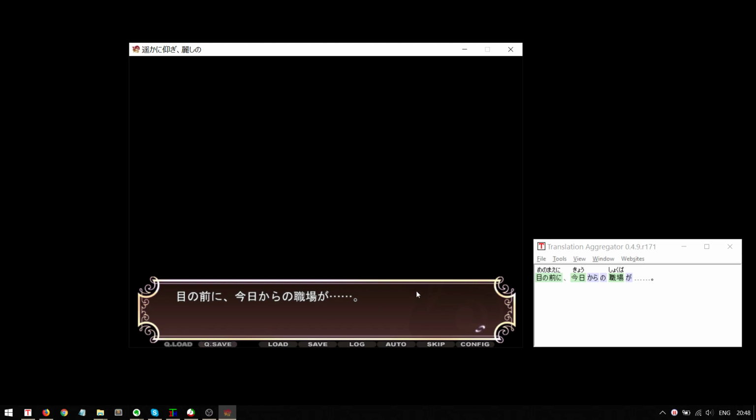Kind of like saying that. And the verb that is missing but implied here is ある. 目の前に今日からの職場がある. But by leaving that out, it just adds a bit of anticipation.